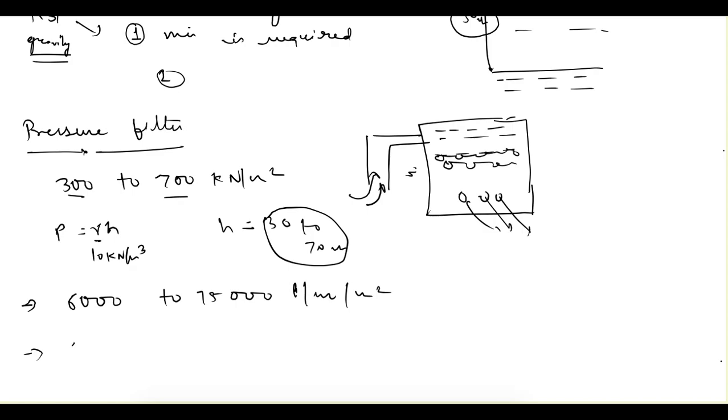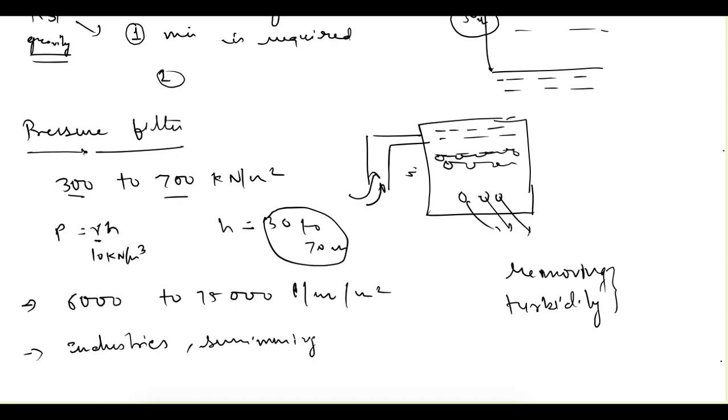So these are used for small supplies such as industries or swimming pools. They are comparatively less effective in removing bacteria as well as turbidity.